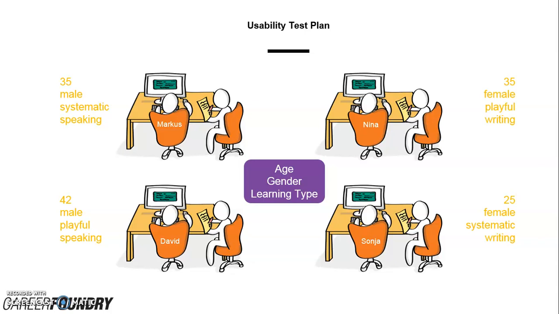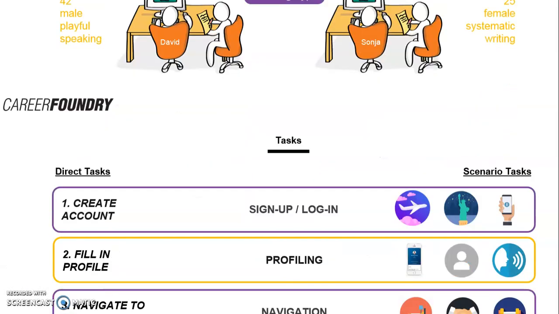So those were 2 different learning types I also wanted to use to differentiate my users. So we got 2 systematic users, Marcus and Sonia, and 2 playful users, which are Nina and David.